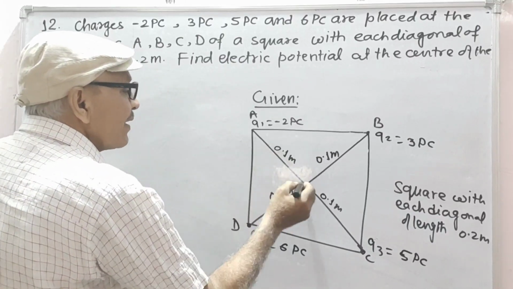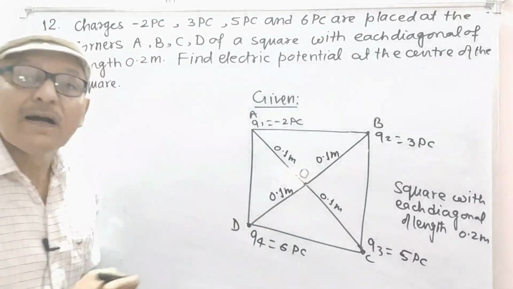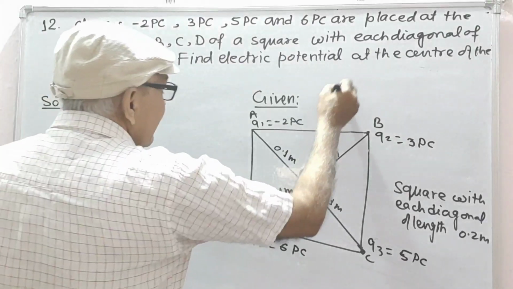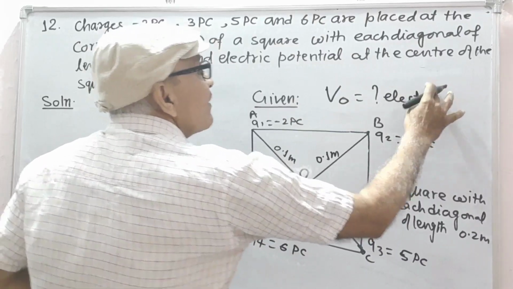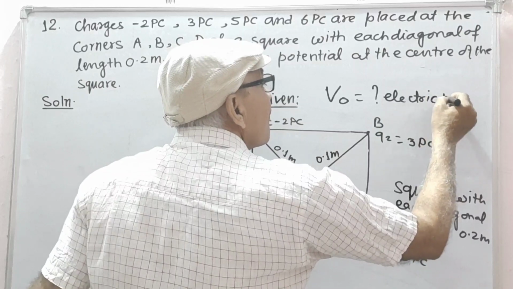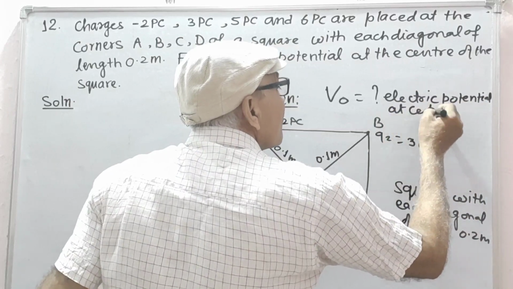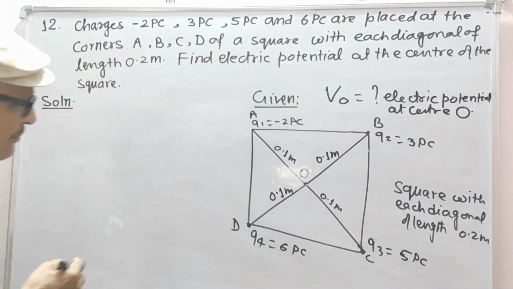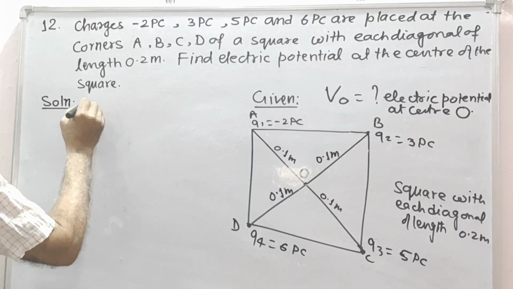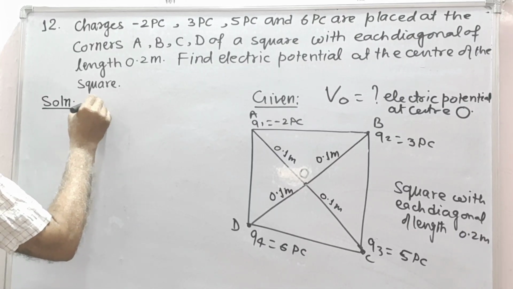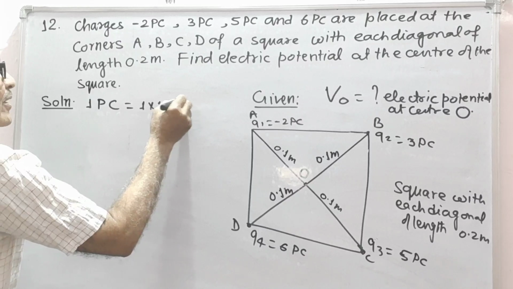Suppose the center is O, so we have to find V at O, the electric potential at center O. Here 1 picocoulomb is equal to 1 into 10 to minus 12 coulomb. Pico means 10 to minus 12.